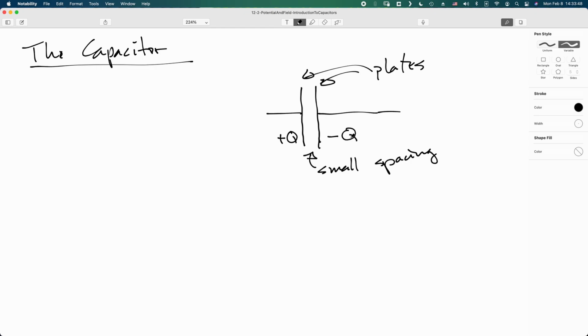Now, while schematically we can just imagine two flat metal plates next to each other, a configuration called a parallel plate capacitor, what is more typical is that they have a cylindrical geometry.